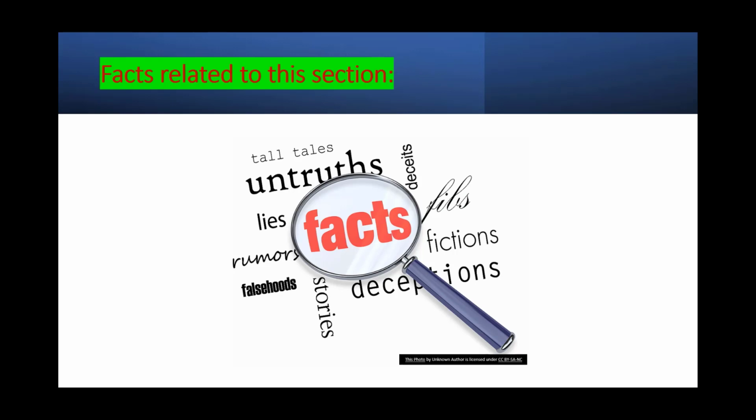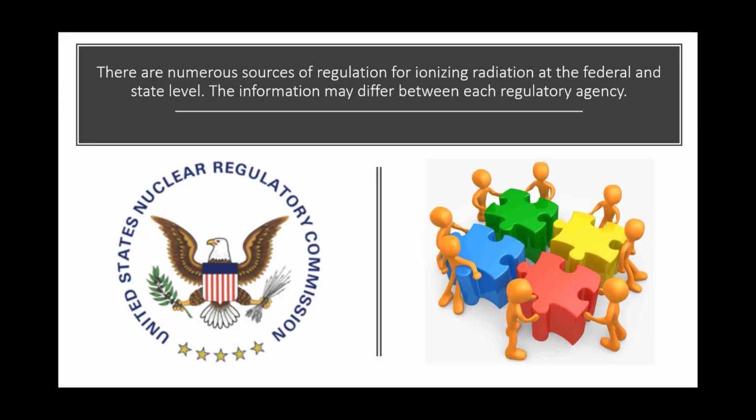Let's review some facts related to this first section of the program about medical imaging using low-dose ionizing radiation. There are numerous sources of regulation for ionizing radiation at the federal and state level in the United States and also at the international level. The information may differ between each regulatory agency.